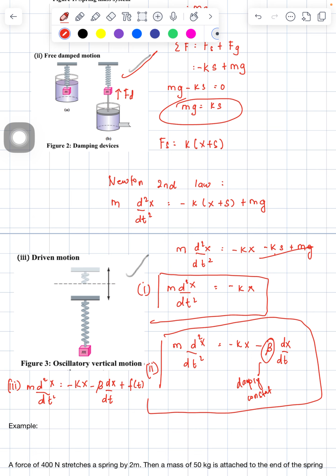The external force acts downward, so the sign is positive. This equation is for when we have a damping device. If we don't have a damping device, the equation becomes m d²x/dt² equals negative kx plus F(t) for driven motion.